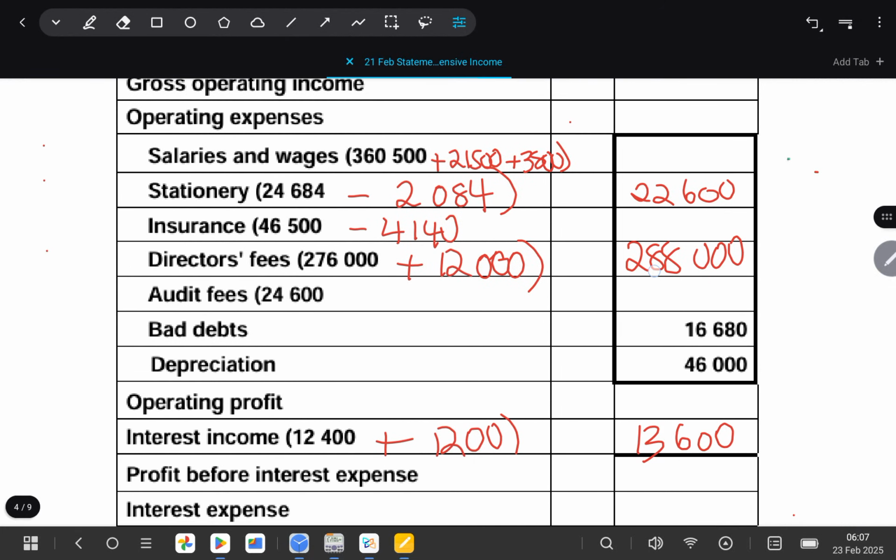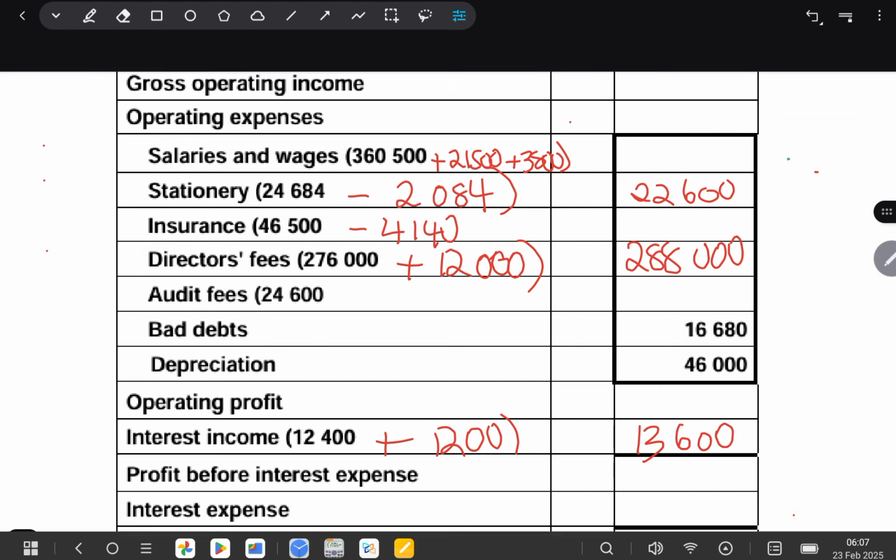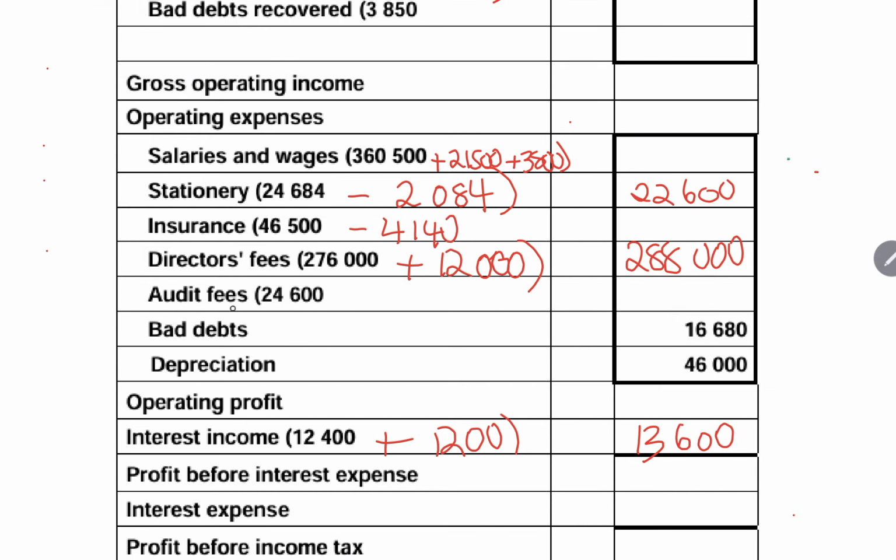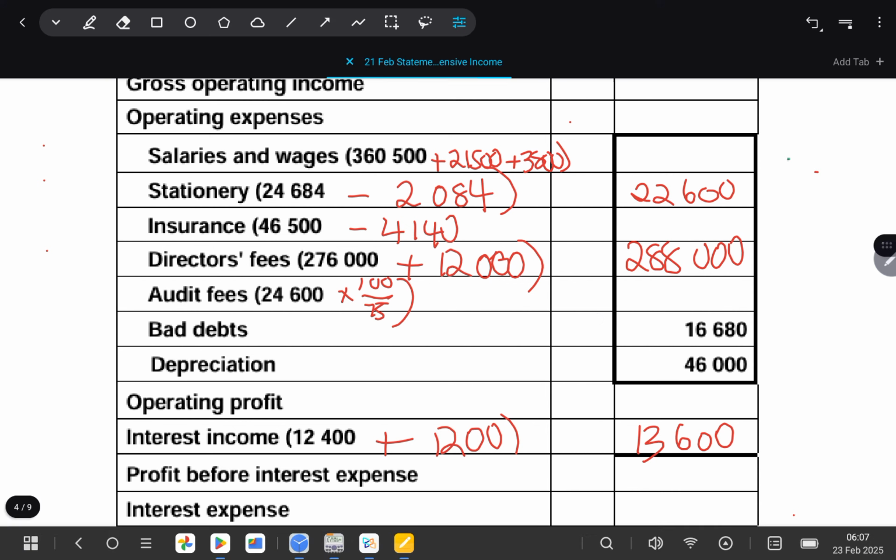According to this, in our audit fees, we only paid 24,600. Remember, we want the 100%, so multiply by 100 over 75. It will tell us the total that we were supposed to pay for the year.